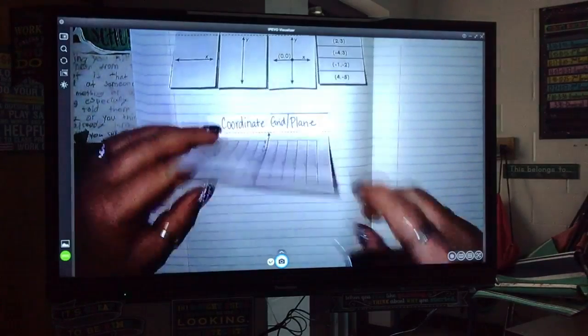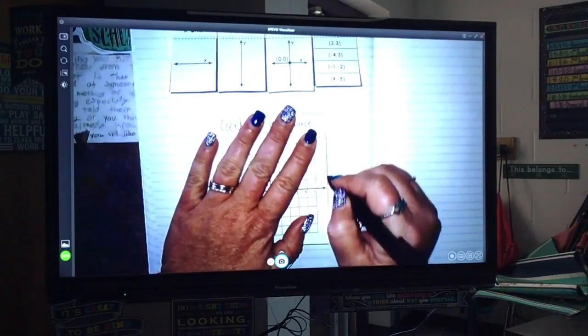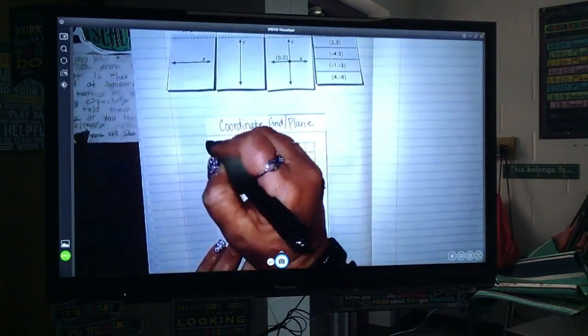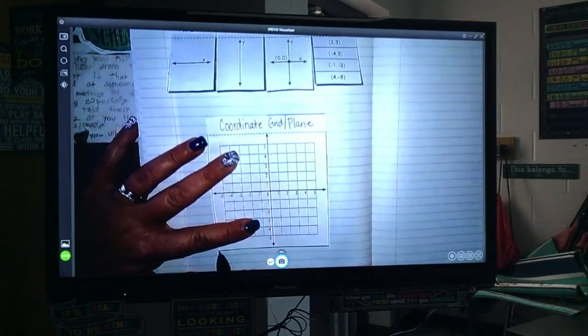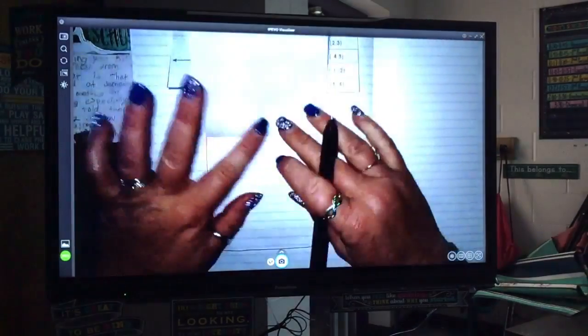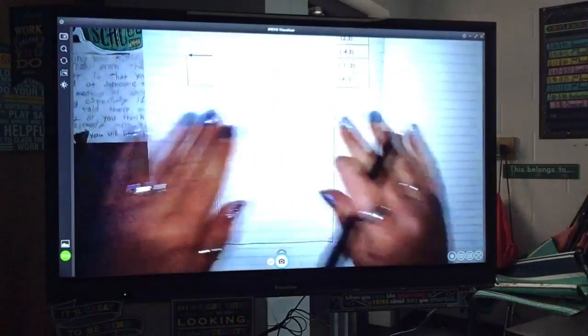Alright, flip it up. Actually, no, I'm sorry. Draw an outline so that you don't write outside of it. So that way when you lift it up, you have your box that keeps you from writing too far out.